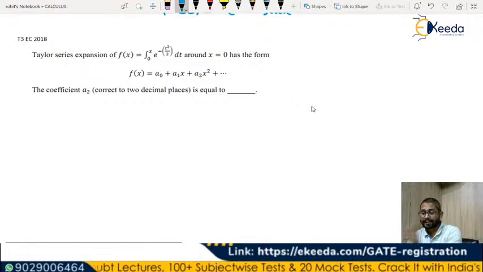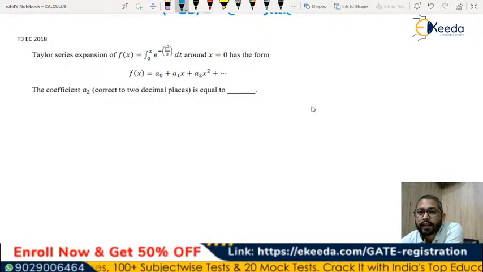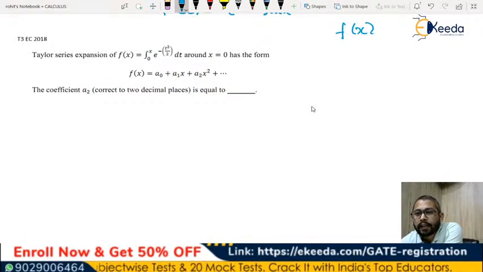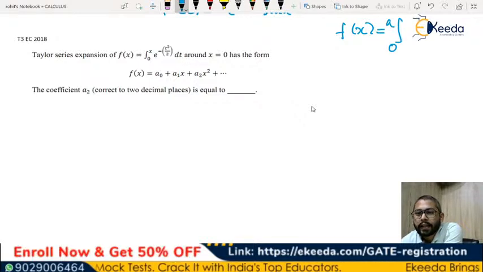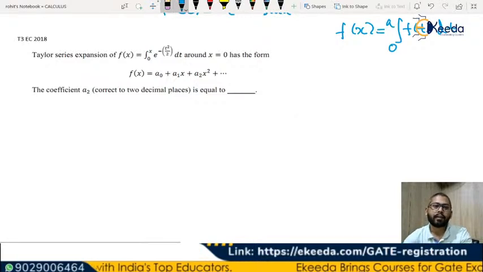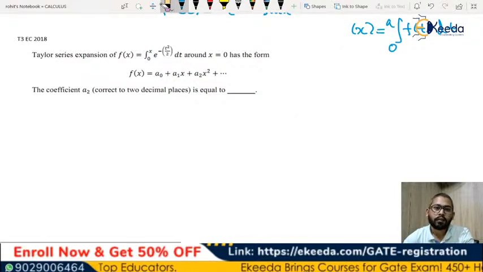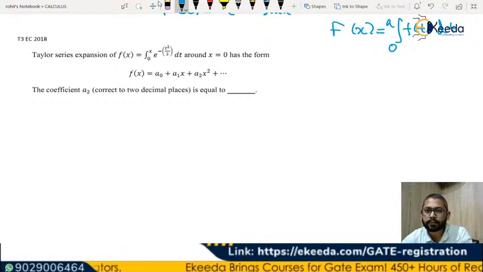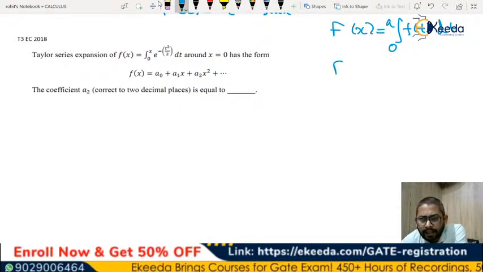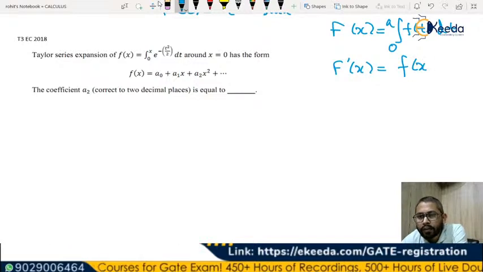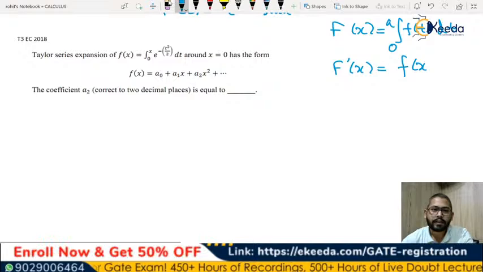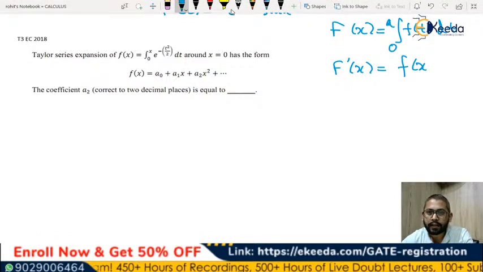We have already discussed one thing, which was if F of x is, let's say, the integration from 0 to a of f of t dt, let's write capital F of x. Then F dash of x can be written as f of x if the upper limit is x instead of a.